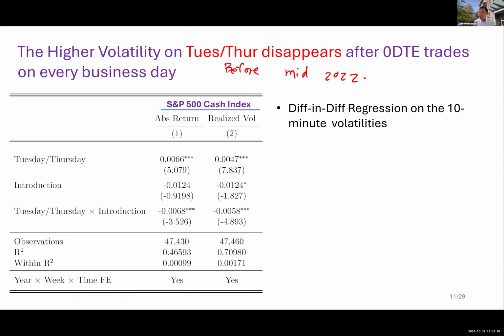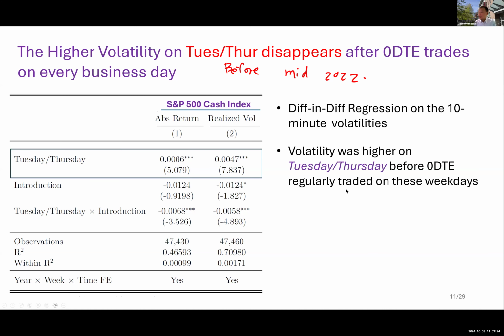So now going back to this diff-in-diff, the goal here is to show that the difference in volatility that we documented disappeared. No more cross-sectional variation once zero DTE trades on every business day.